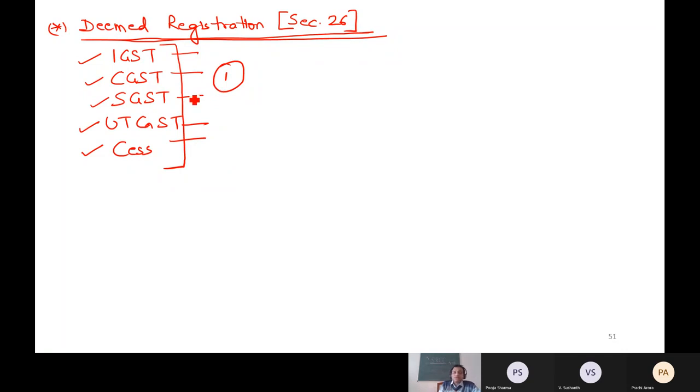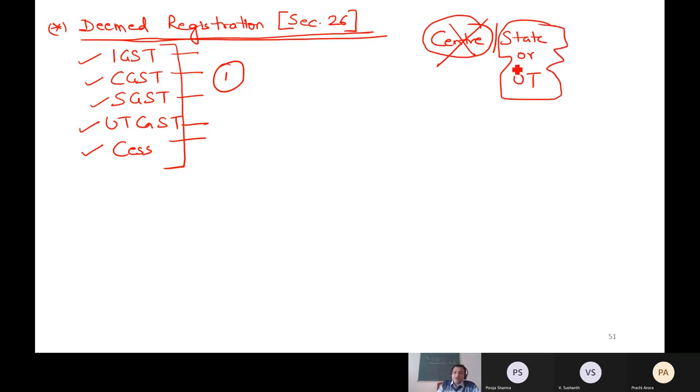Single registration is sufficient. Now the next question is, in India, who will give me the certificate? Either something is center or something is state or UT. Now technically center particularly doesn't have a place of its own, only state or UT has. And as we have already covered in section 25, in section 1 as well as in 2, GST registration is technically state-wise.